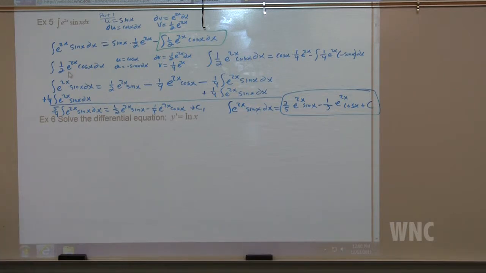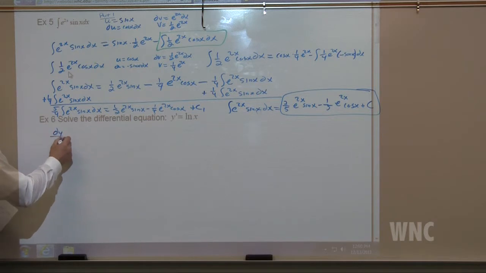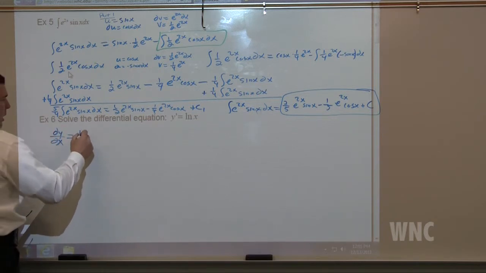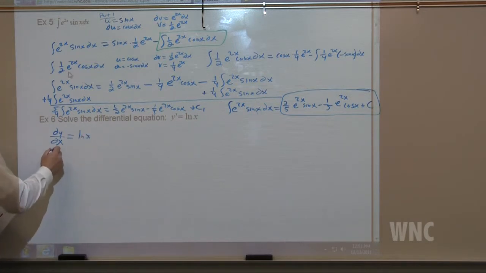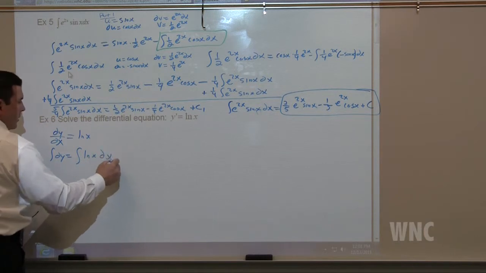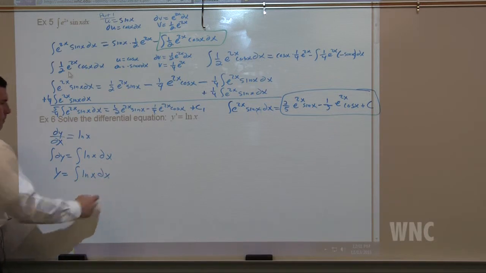Okay, next one. Solve the differential equation y prime equals natural log of x. So this is saying dy dx equals natural log of x, so that the integral dy equals the integral of natural log of x dx. So y equals the integral of natural log of x dx.